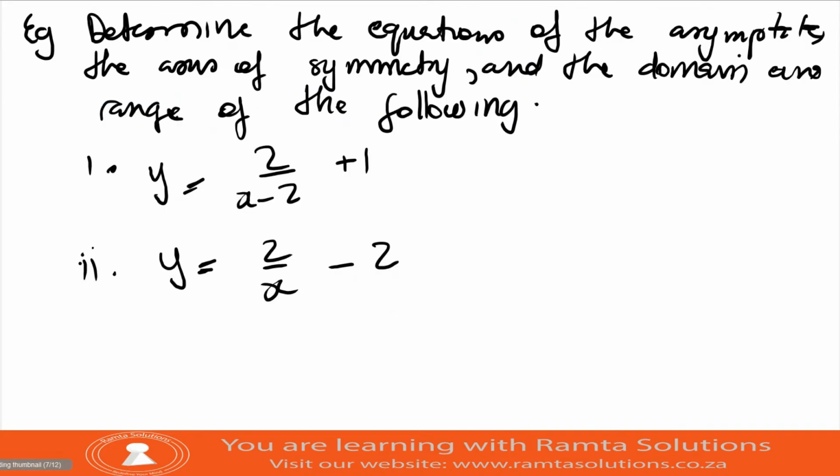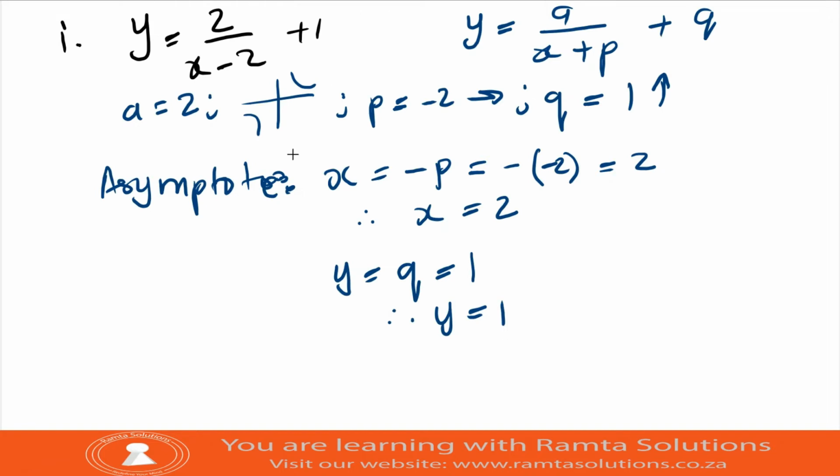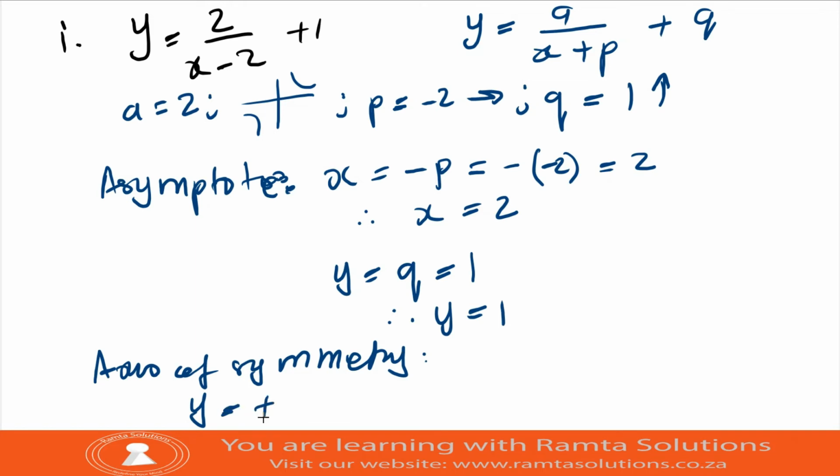Now, axis of symmetry. With the axis of symmetry, we said y equals plus minus x plus p plus q. Okay, we have y equals plus minus x minus, we said p is minus 2. What is q? Q is 1.